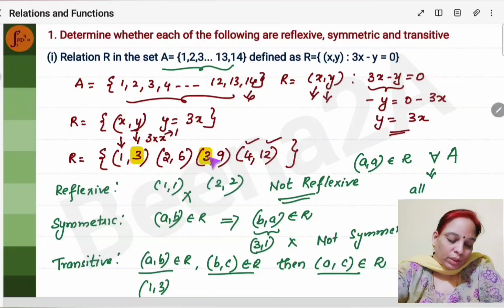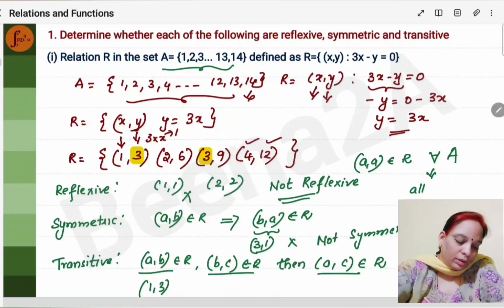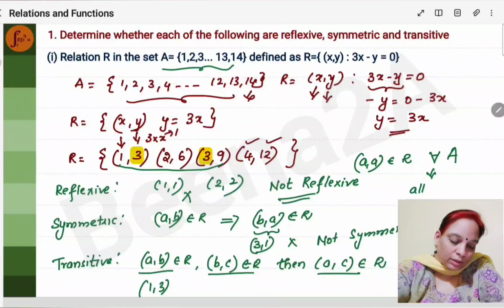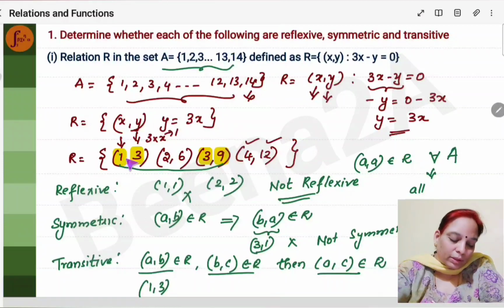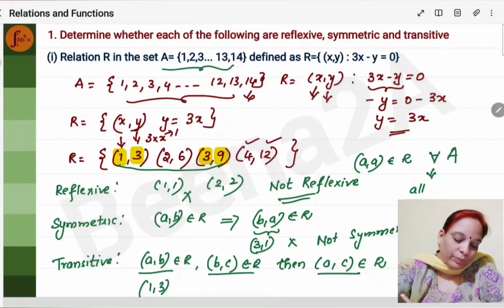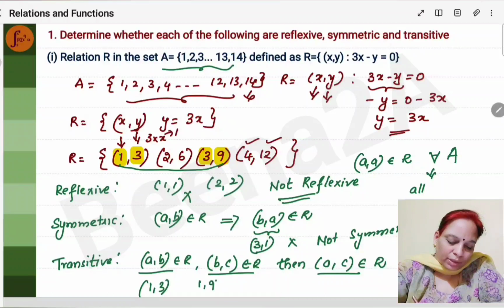Now (1, 3) and (3, 9) means you should have (1, 9). Is it present here? No. Therefore, this is not transitive.